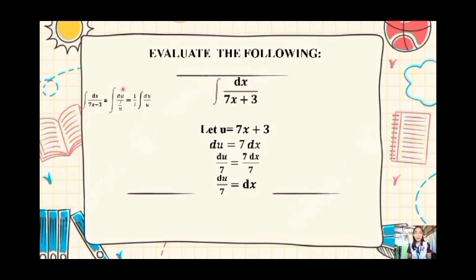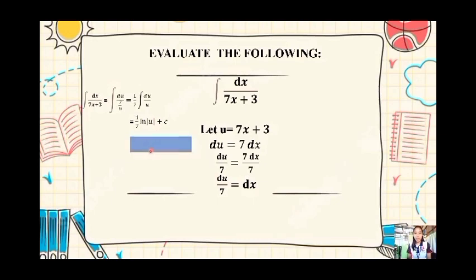If we simplify du over 7, it becomes 1 over 7 du. So we must put out the 1 over 7 here. Then, according to the formula a while ago, we copy this 1 over 7, then add ln of the absolute value of u, plus c.